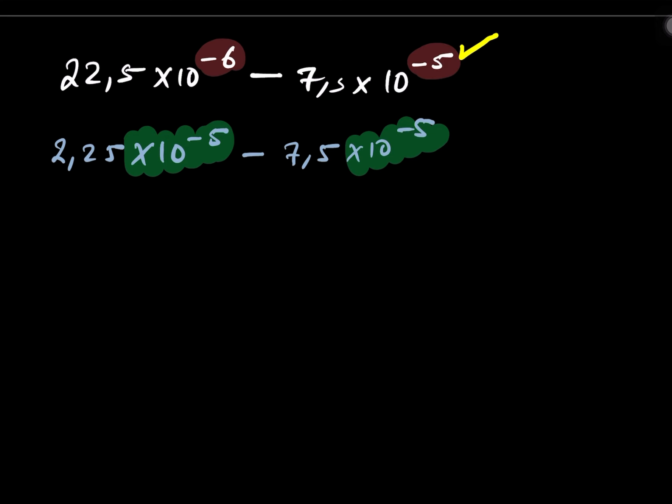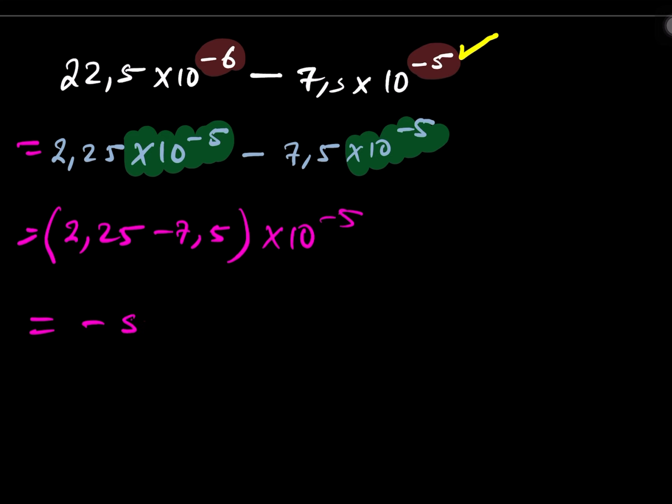So you just need to focus on their coefficients, which is 2.25 minus 7.3 multiplied by 10 to the power negative 5, okay? As a result, let's see what you guys get. You get 2.25 minus 7.3, and this gives you negative 5.05 multiplied by 10 to the power negative 5, okay? So that's how you guys will do this one.